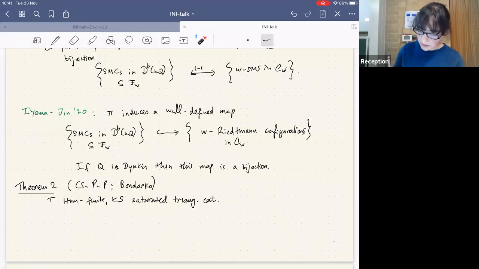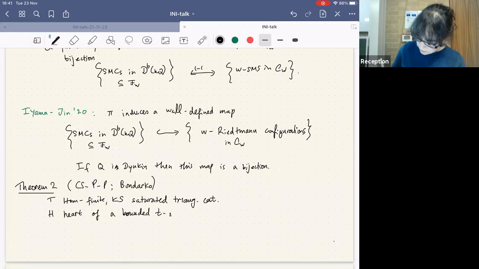And so, yeah, take the heart of a bounded t-structure. I'll explain later why this theorem is important in our setting, so I might not define this now.